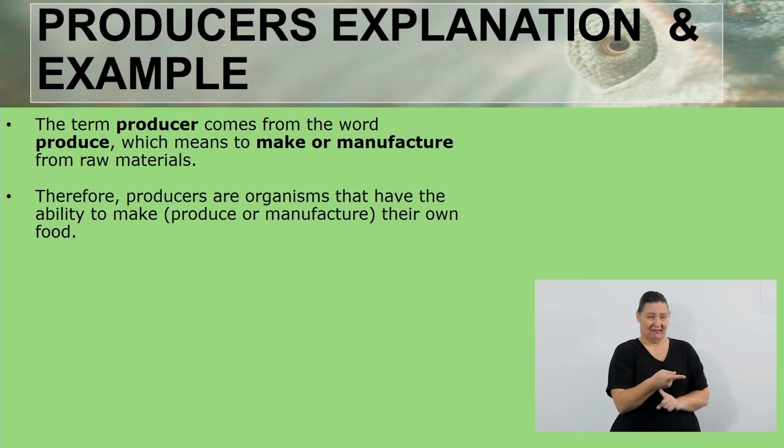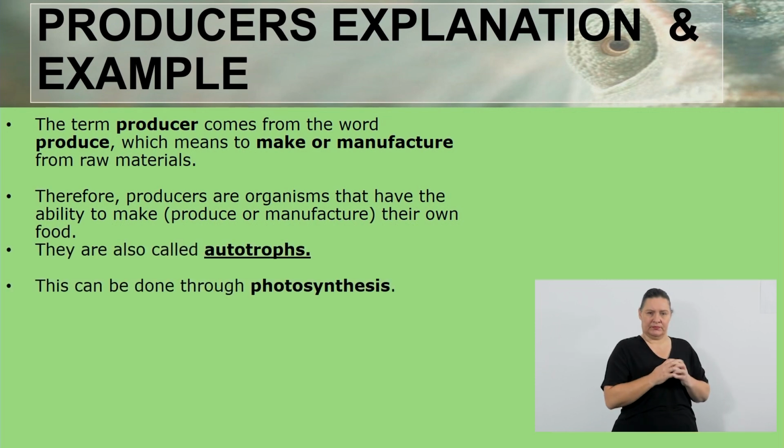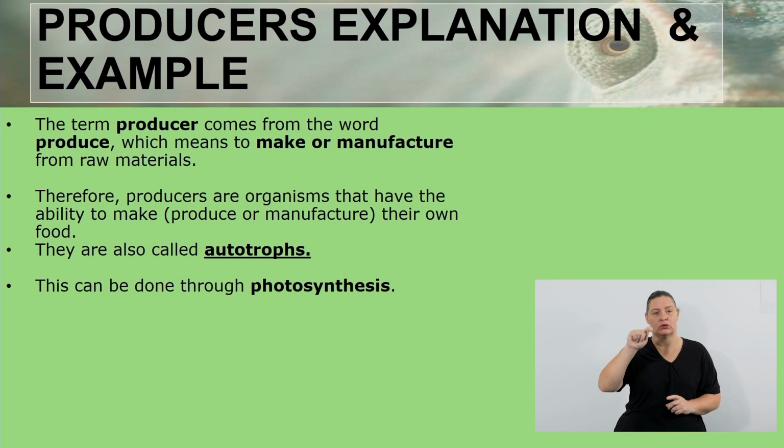So producers are organisms that have the ability to make their own food. These are also called autotrophs. So the word auto means self and troph means feeding. So these are organisms that have the ability to feed themselves by making their own food.